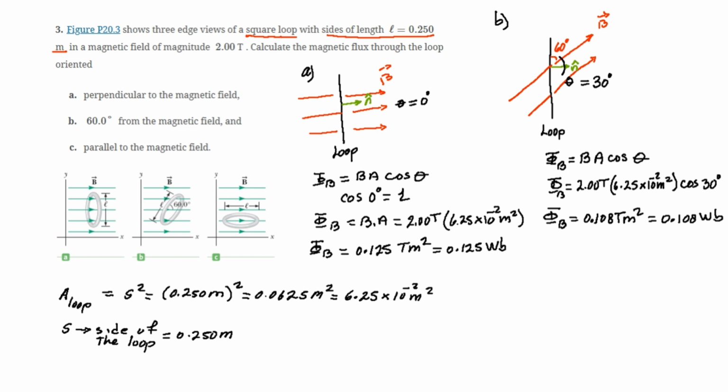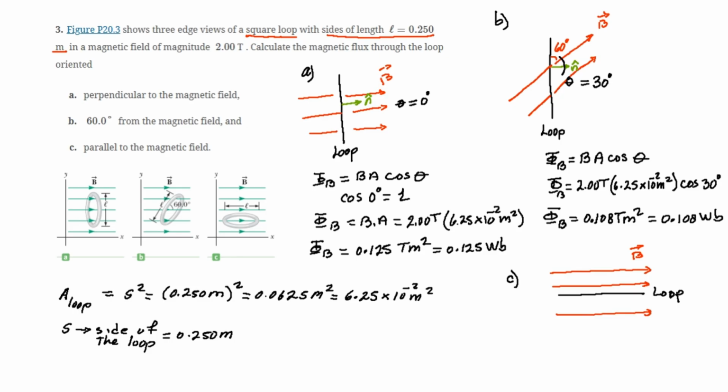Now, the third case, they say that the loop is oriented parallel to the magnetic field. So this is my loop, and then here in red, I have my magnetic field. What happens here? The normal to the loop is this vector.